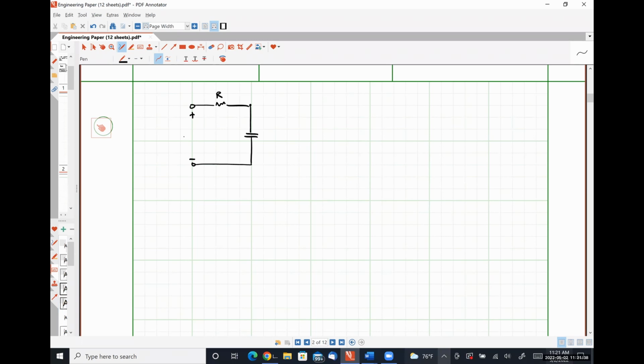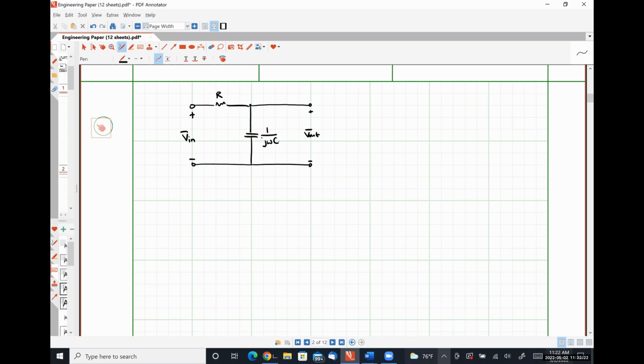I'm going to apply my input voltage on the left-hand side, and I'm going to measure my output signal on the right-hand side. And since I'm dealing with frequency domain signals, I'm going to represent my capacitor by its impedance, 1 over j omega C. So this should be a hopefully very straightforward thing here.